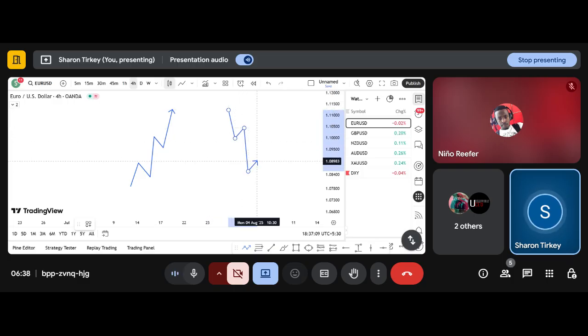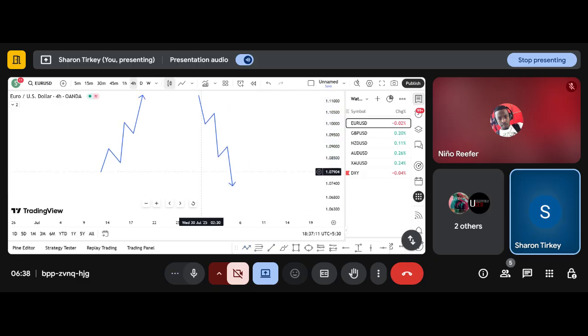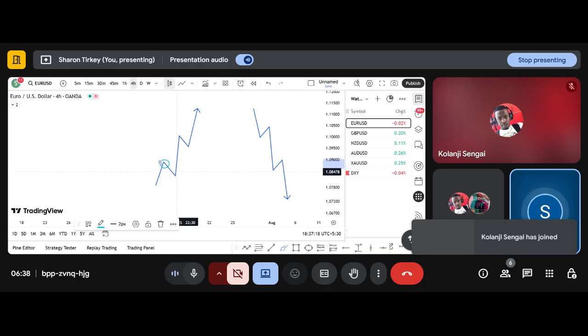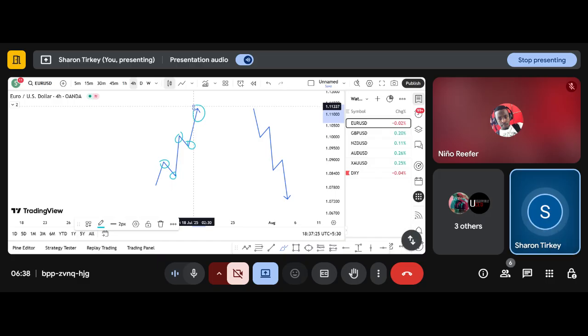The structure for uptrend is higher high, higher low, higher high, higher low, higher high. And the structure for downtrend is lower high, lower low, lower high, lower low.